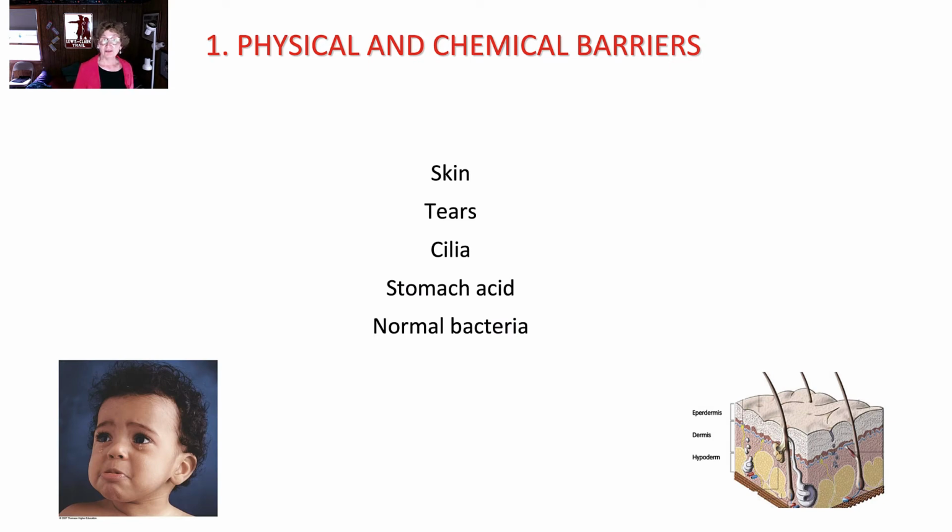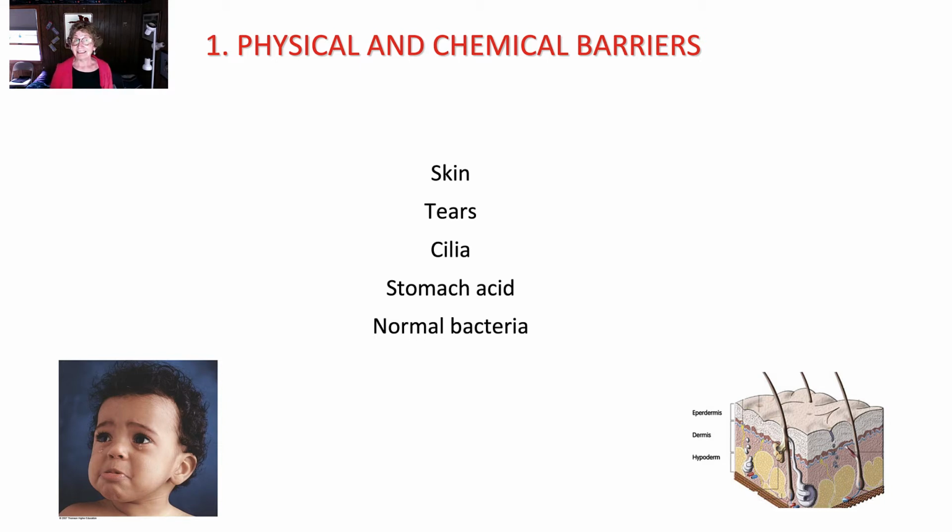So first we have our physical and chemical barriers. These include our skin. Your skin is your largest organ that protects you against infection. Tears wash away something that might get into your eyes. Cilia are tiny hairs that line your nose and your throat.